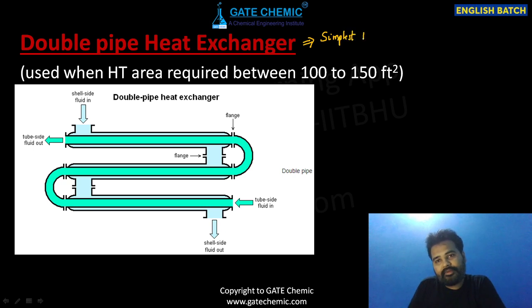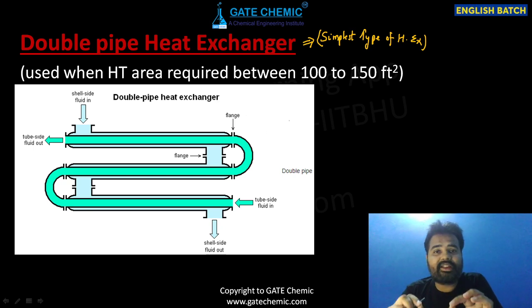This is the simplest type of heat exchanger, but you can use this heat exchanger only if the heat transfer area required is less. You can say a typical value, beta.